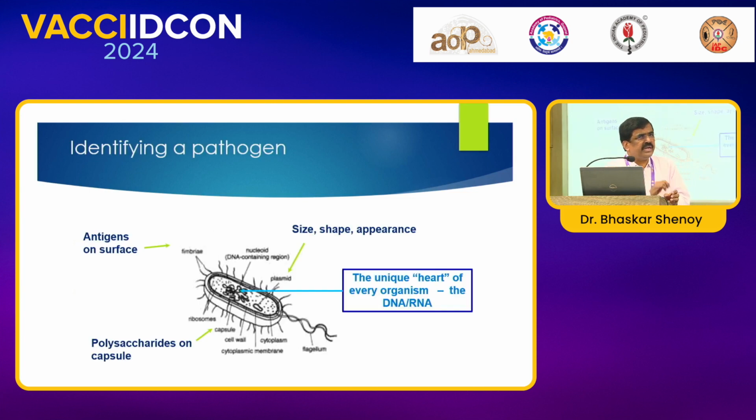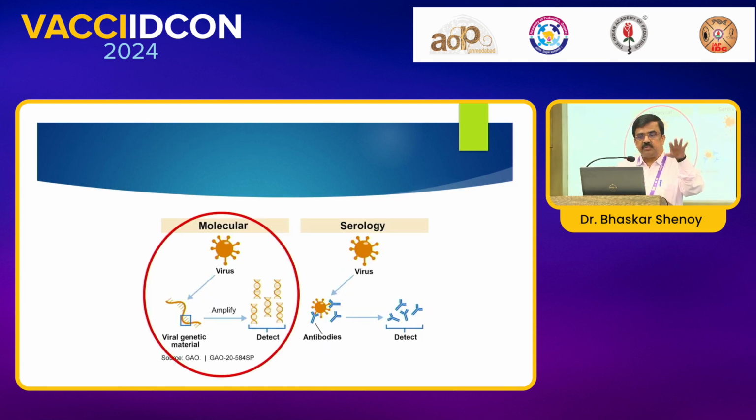When you come to the diagnosis of infectious disease, we have several methods. We culture the organism, we do the stain, we look at the antigens, we look at the polysaccharide on the capsule, so many methods. But one thing is, the unique heart of every organism is its DNA or RNA. That is more specific.